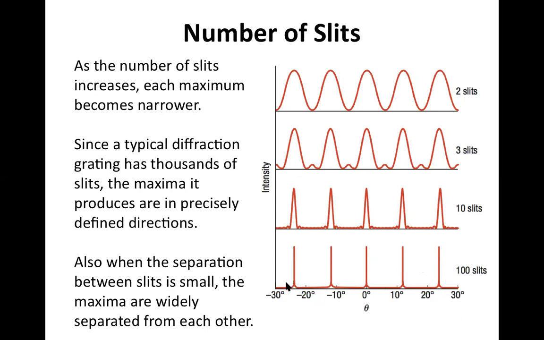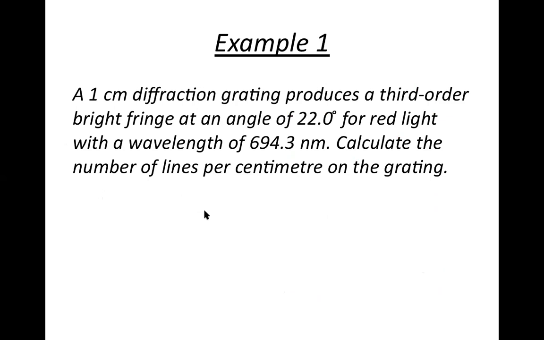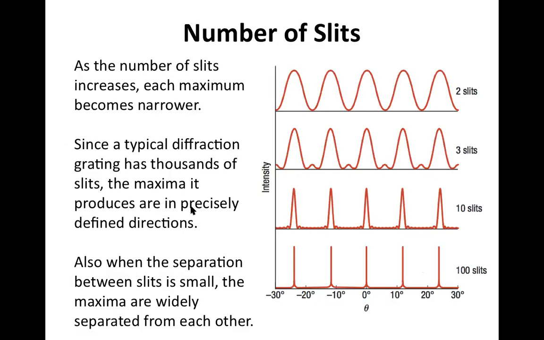So finding that angle would be easier, cleaner. Since a typical diffraction grating has thousands of slits, the maxima it produces are in precisely defined directions. And also when the separation between the slits is small, the maxima are widely separated from each other.